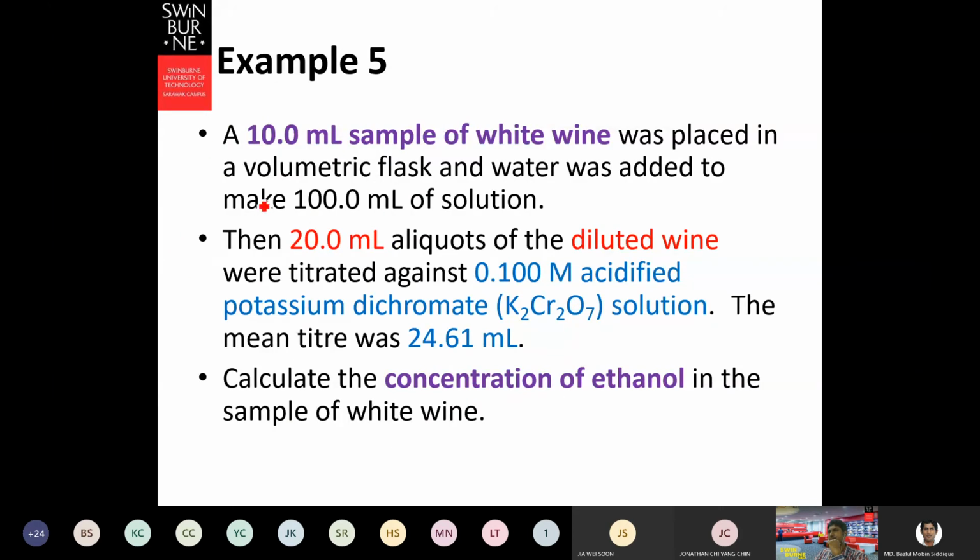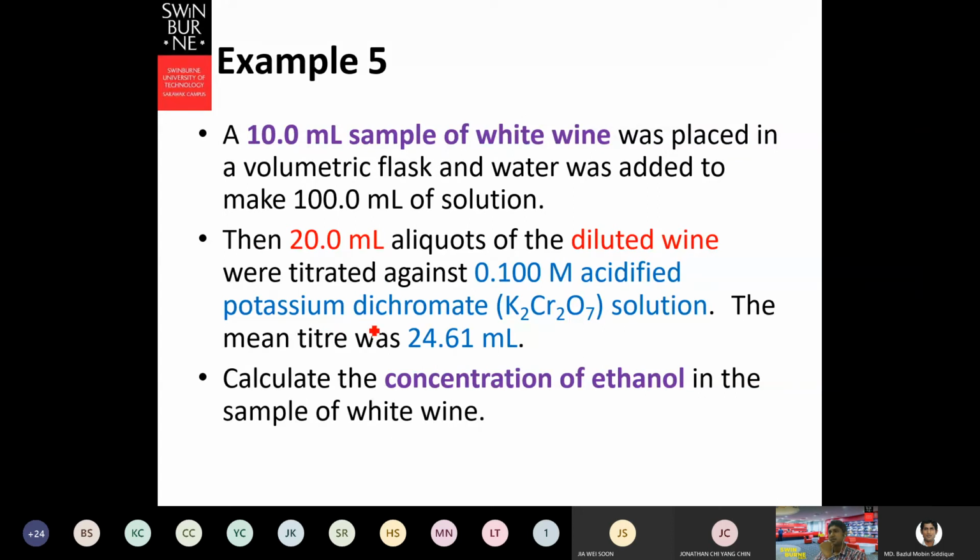Another example is wine. Since wine has ethanol, sometimes it can produce acetic acid, and that is bad, so from time to time we check the concentration of the ethanol or acetic acid that has been produced to maintain the quality of it, and it is checked by acidified potassium dichromate solution.